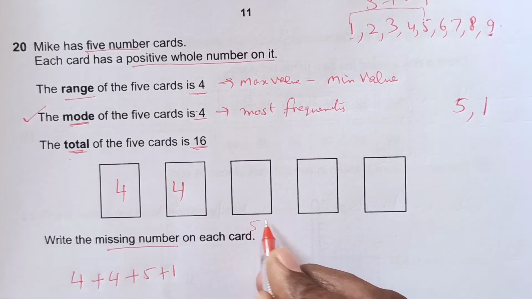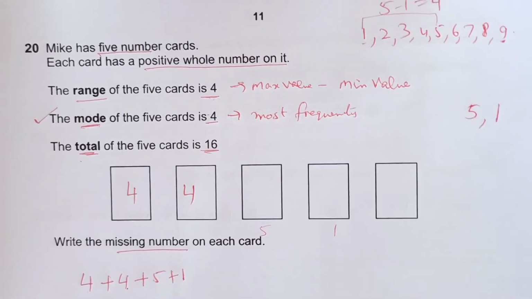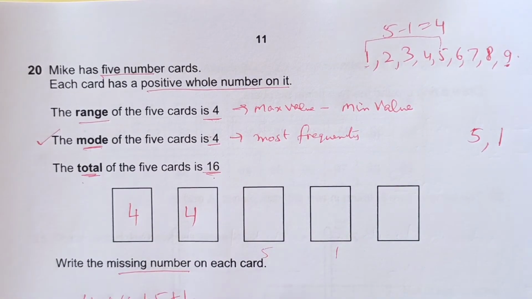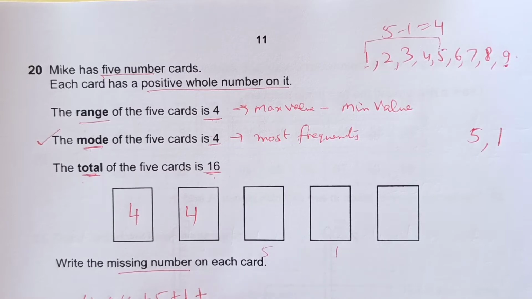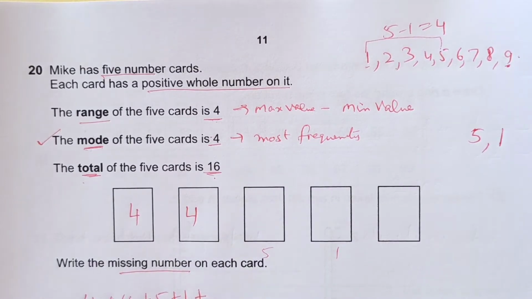If we take 5 here and 1 here, what is the sum? 4 plus 4 is 8, plus 5 is 13, plus 1 is 14. But our total should be 16, so we need one more number to make it 16. It can be a 2, so this will be 16.